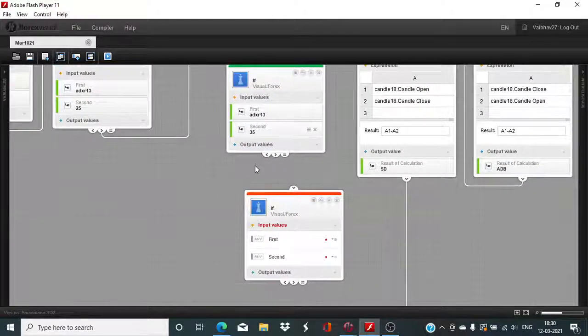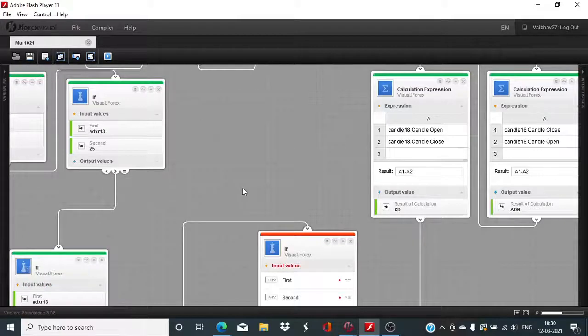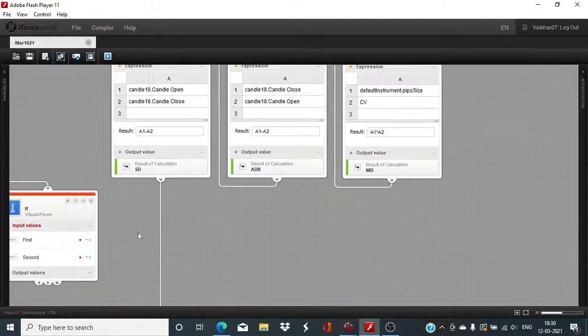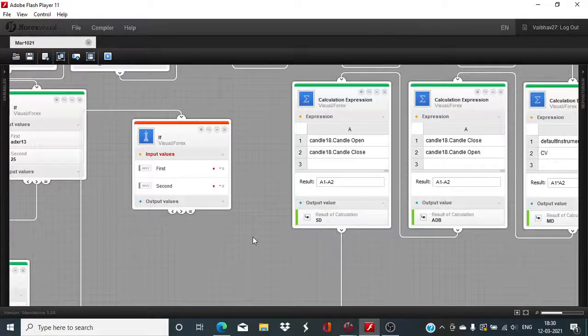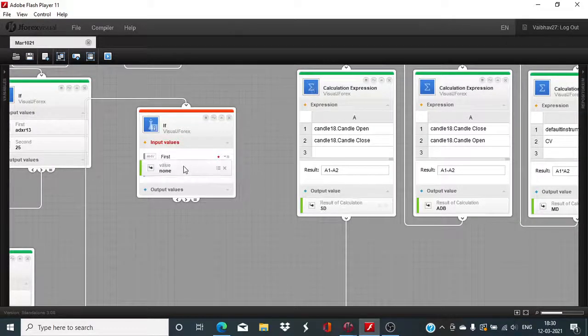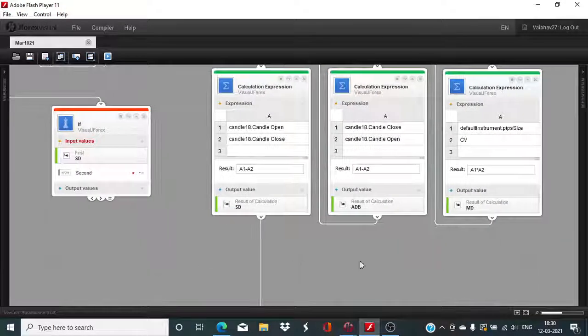Okay, so first input less than second input. Then we also have to look at the difference of the last hourly candle's open and the close price. For that we need the difference to be greater than minimum defined difference of 7 pips.